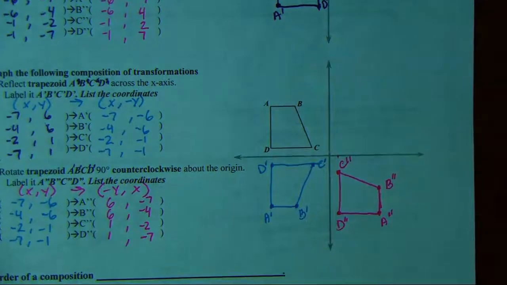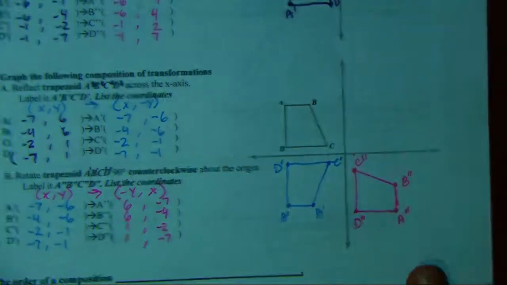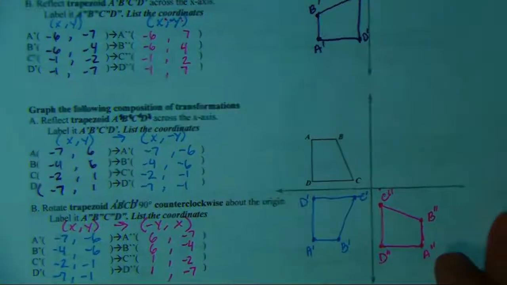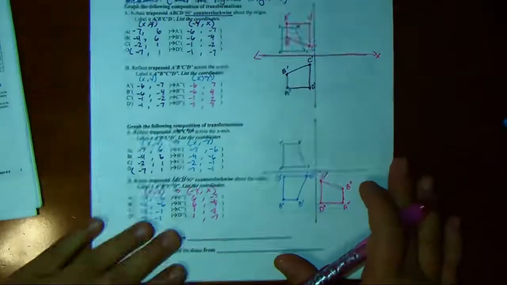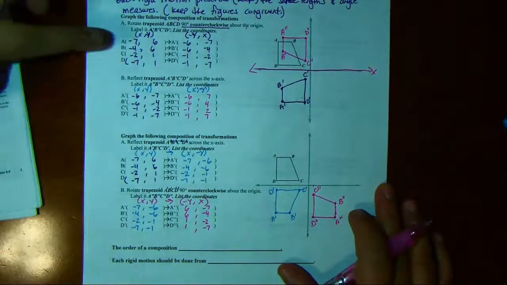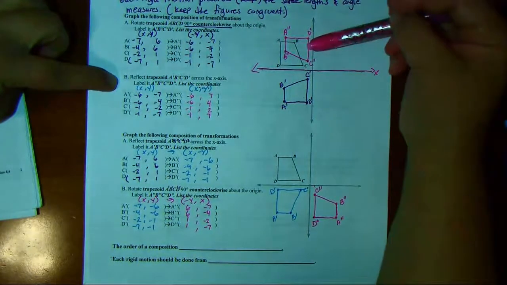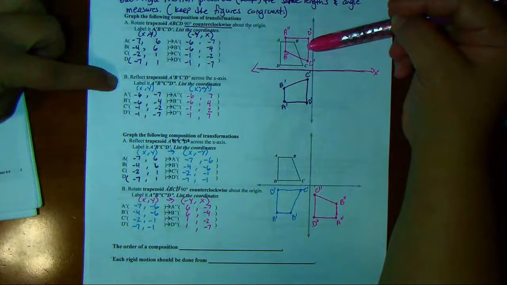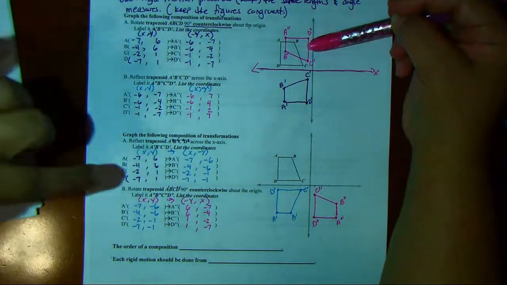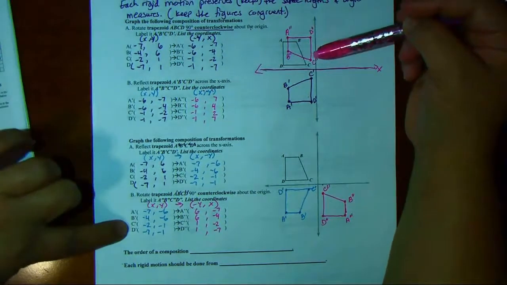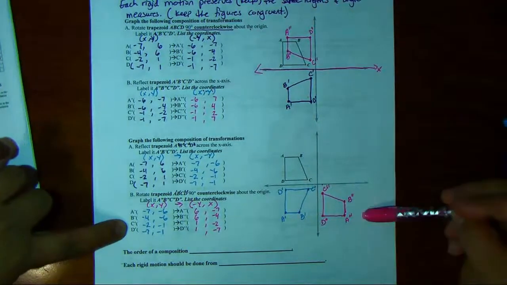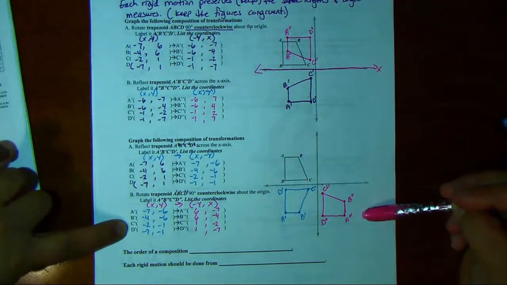Okay. So let's take a look at this big picture. When we rotated first and then reflected, we ended back in quadrant 2. When we reflected first and then rotated, we ended in quadrant 4.